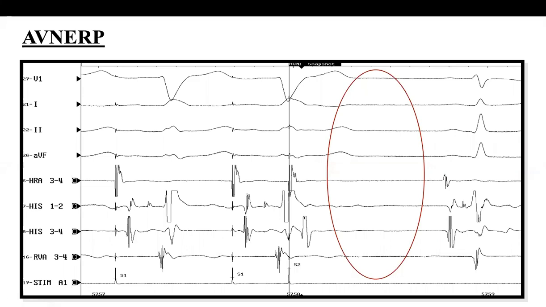Now let us take it one by one. We have this spike, and that was the earliest captured beat, in the high right atrium. The second one is the same, captured beat in the high right atrium. With this spike, where was it captured?